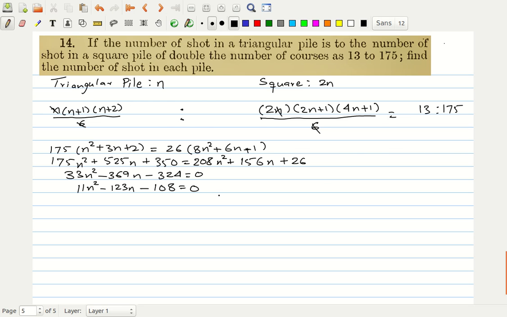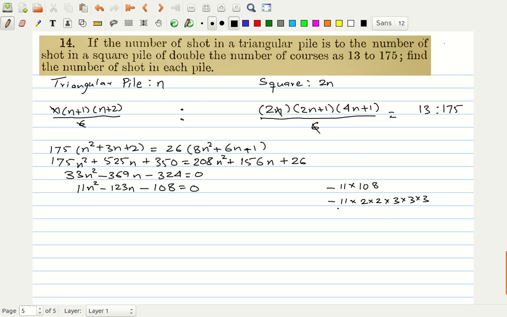is equal to 0. So now we have to find two numbers so that the product is equal to minus 11 times 108 and the sum is equal to minus 123. So I can write minus 11 times 108 as minus 11 times 2 times 2 times 3 times 3 times 3.